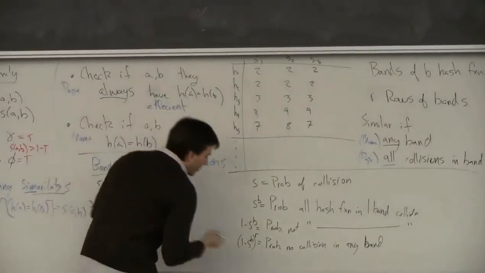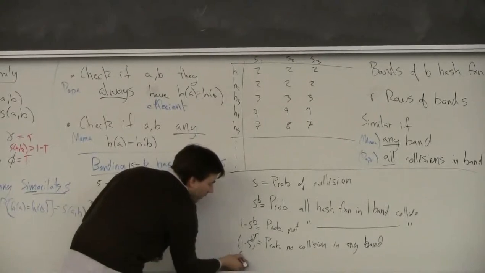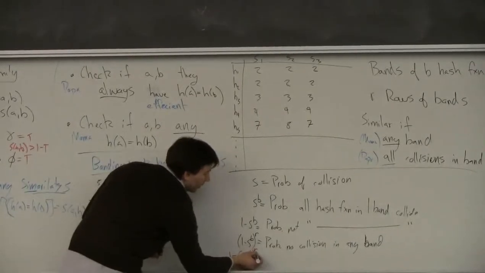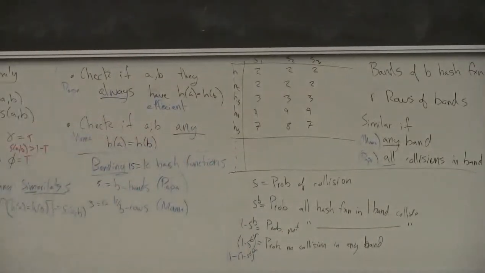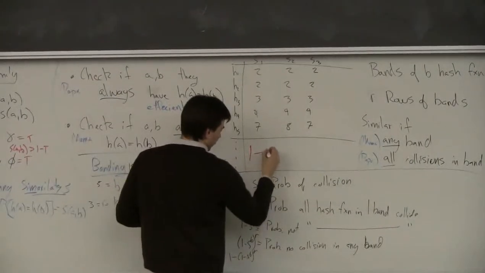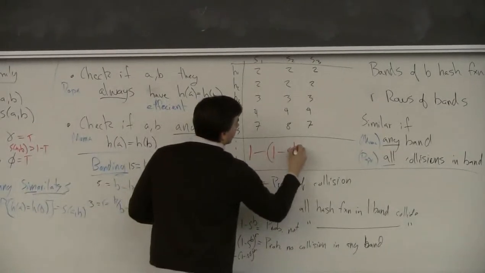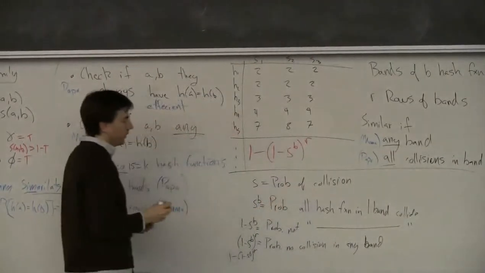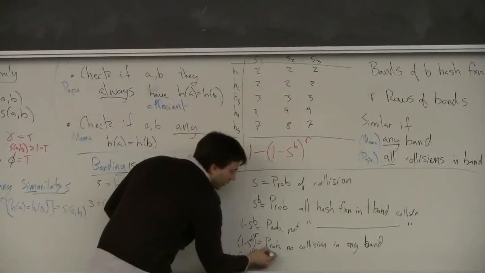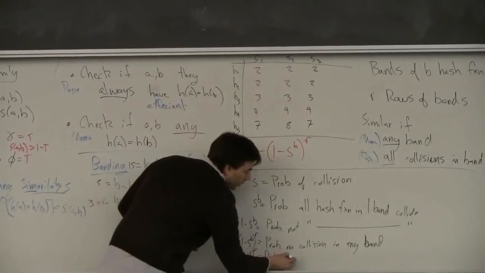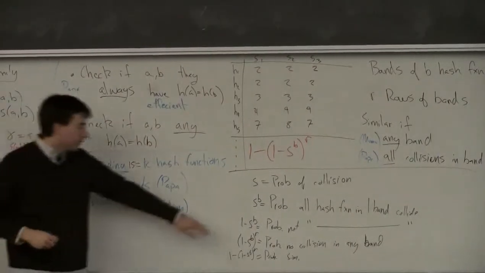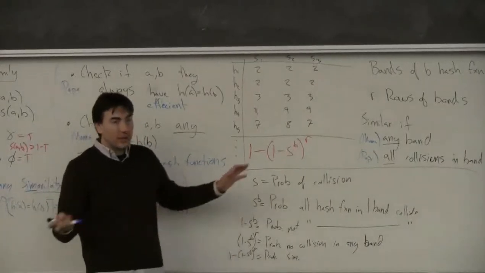And then finally, the probability that I say that they're similar is 1 minus (1 minus S to the B) to the R. So this is the probability that I declare that they're similar, because 1 minus this was the probability of no collision in any band.